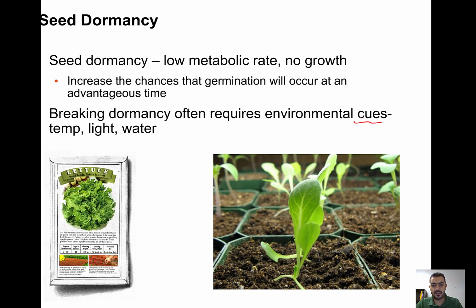For example, if the seed is germinating in an area with no sunlight and all of a sudden these conditions change, by having sensory molecules for the light, light can be used as a cue for the environmental change, or it can be cues related to temperature, so availability of suitable temperature or water resources. All of these cues can give the signal for breaking the dormancy.